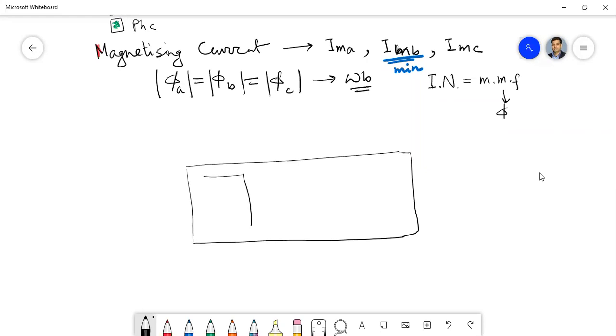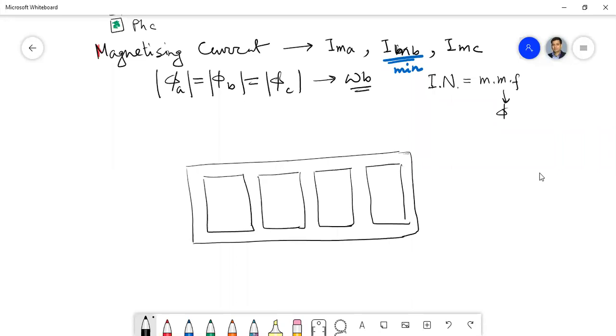So 5-limb is 1, 2, 3, 4, and 5, and the windings will be only here, like this.